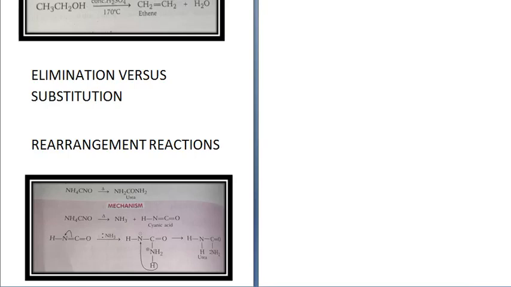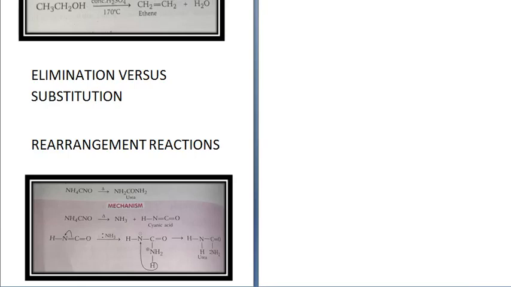These are the reactions in which there is a transfer of a group or atom within the molecule to form a different type of molecule or product. So nothing is lost, nothing is gained, but within the molecule the positions are changed, so you get a new group. Like example, formation of urea from ammonium cyanate.